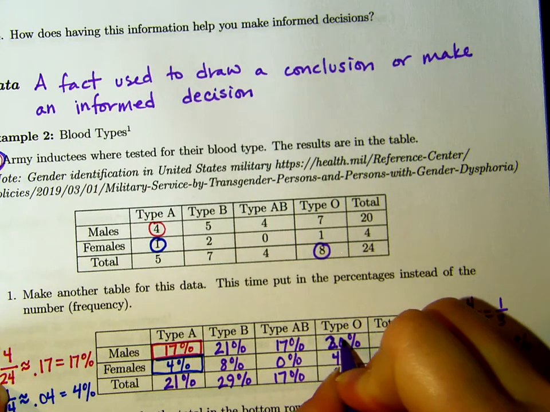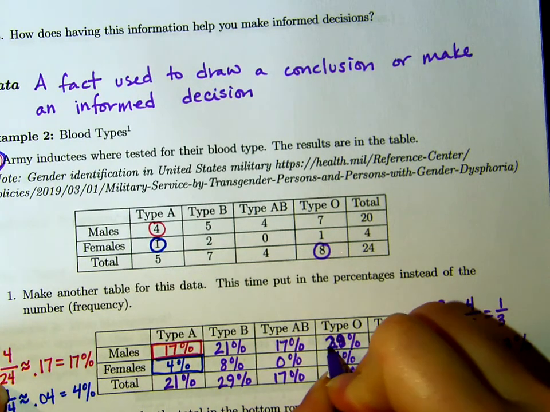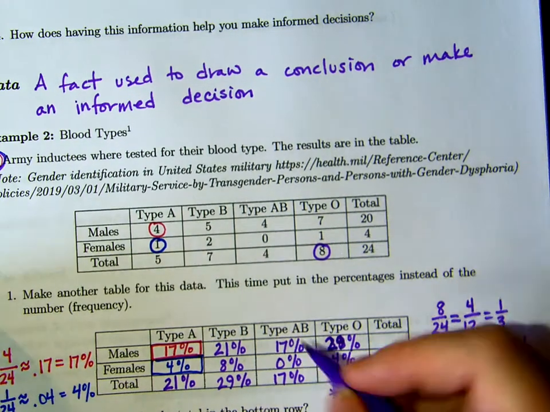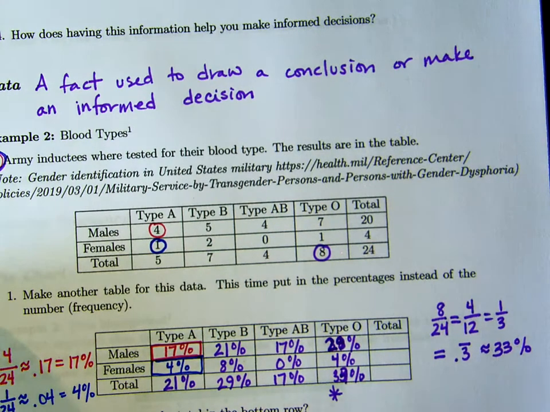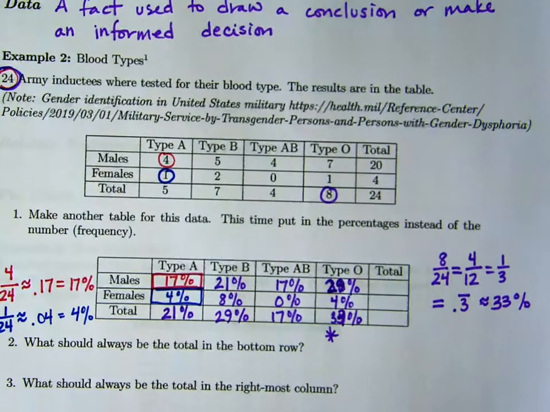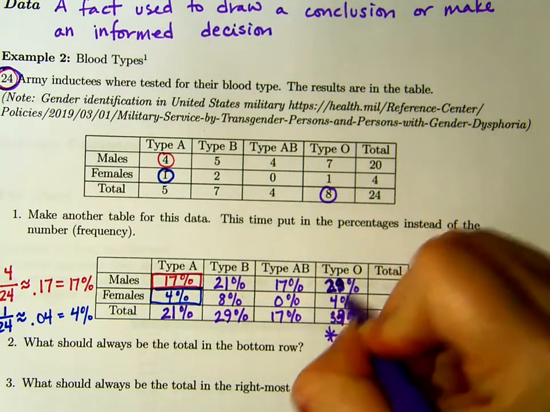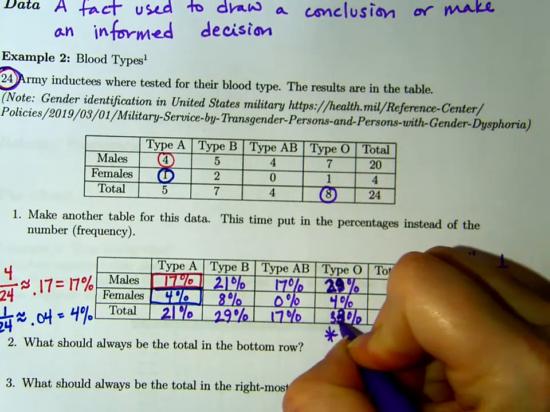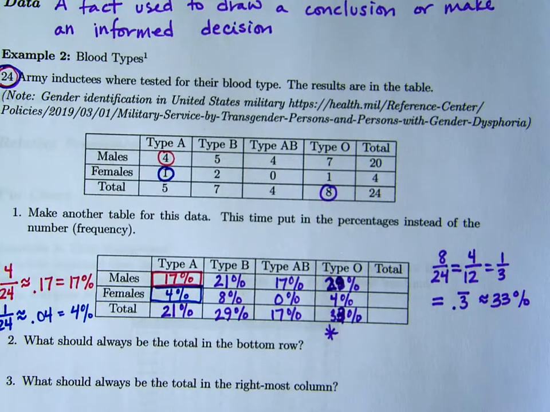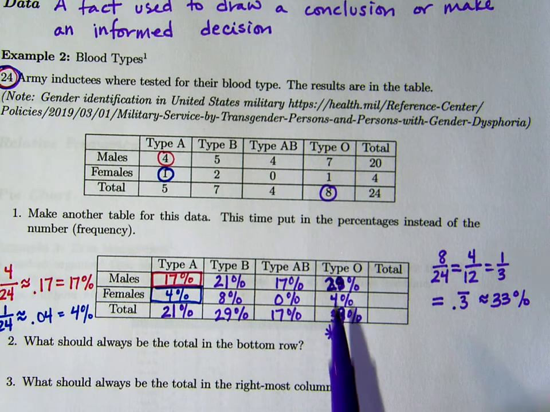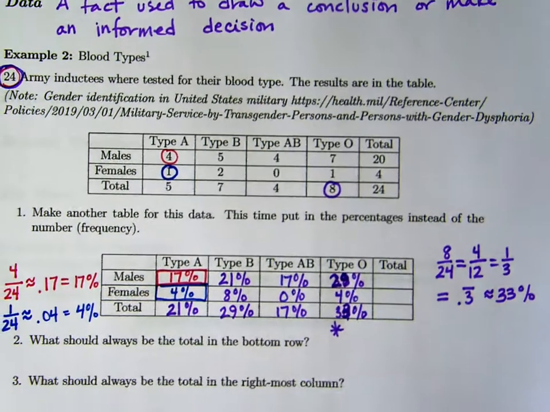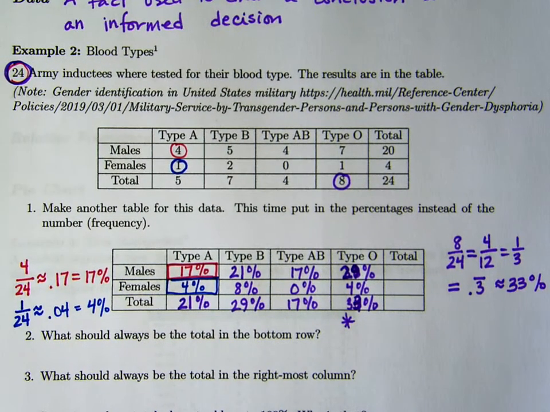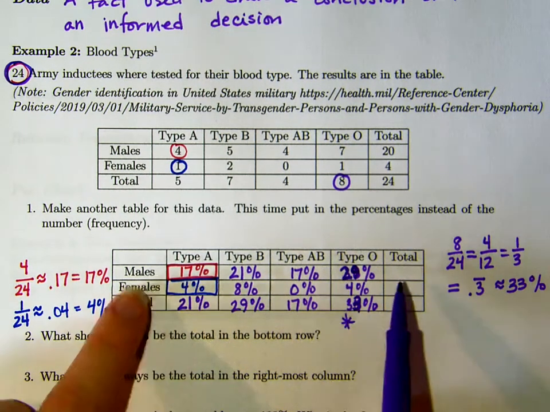Okay, found a mistake. I made a mistake in my calculations. This should be a 33. Got it. Okay, sorry about that. So this should be a 29%, and that should be a 33. Okay, found a typo in my own notes here based on recognizing that 8 out of 24, I think, is a third. So then we go ahead and we total all of these up.